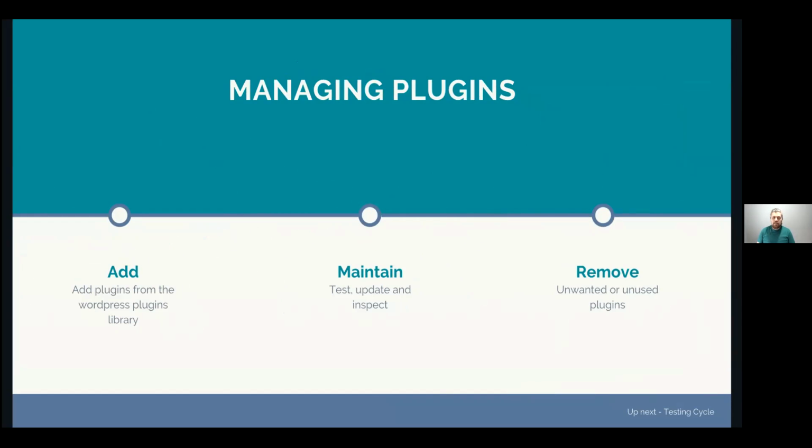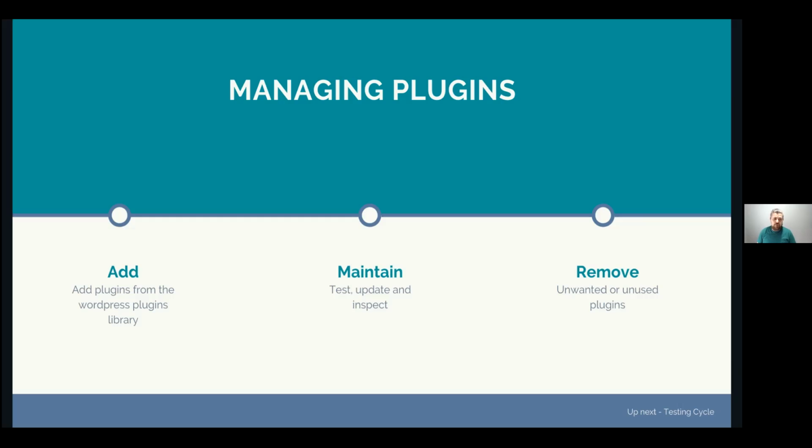When you add it, it goes into your plugin directory in your WordPress website admin. From there you can search for plugins in the library, compare plugins and of course install them. The second step is to maintain a plugin, and I will be touching more in depth on that in the upcoming slide.